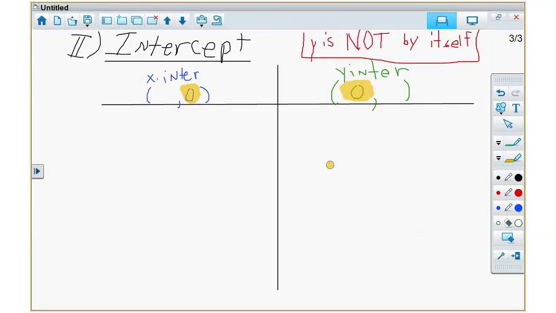Y. If you want to find out where that line you're producing is going to cross the y-axis, you plug in 0 for what? No matter what math you're in, no matter what application you're in. You can be in economics, and if the teacher asks you how we are going to find out where this line crosses the y-axis, you're going to say, plug in 0 for x. I don't care what application.